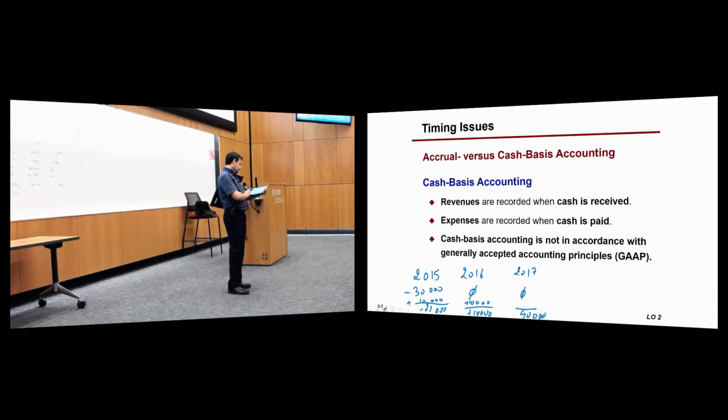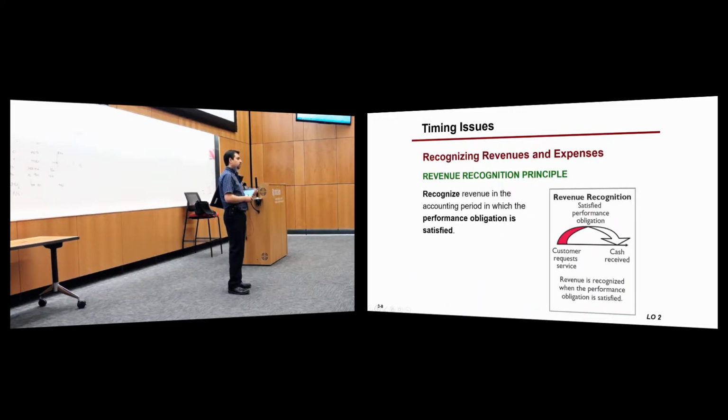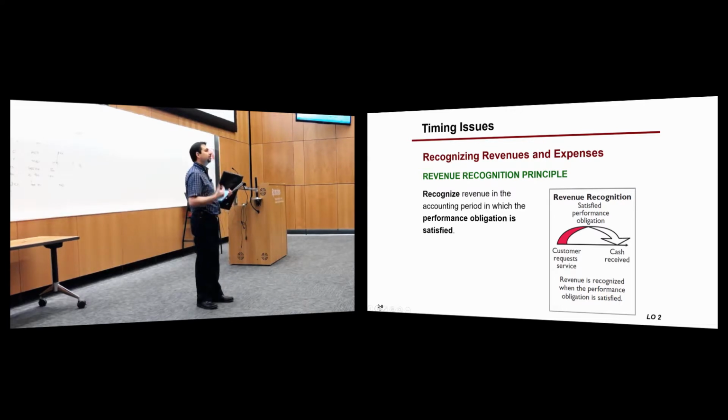Okay? Any questions? So you can see why cash basis accounting can be appealing to certain companies because it's simple to use. However, it creates issues related to, for example, accounts receivable. If the company makes a lot of sales on account, all this will not be included.